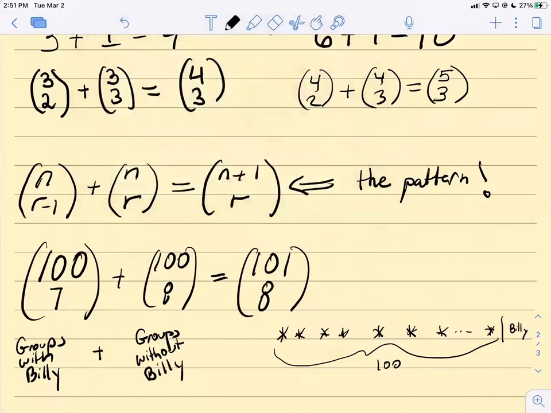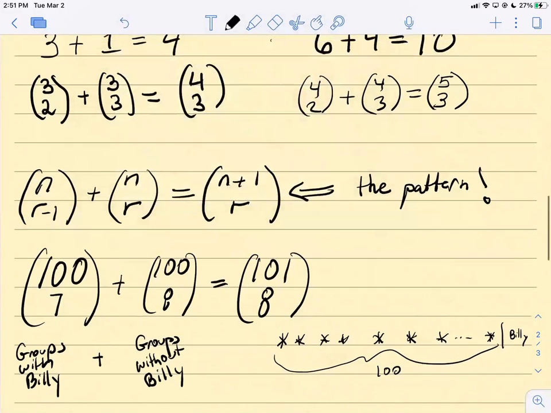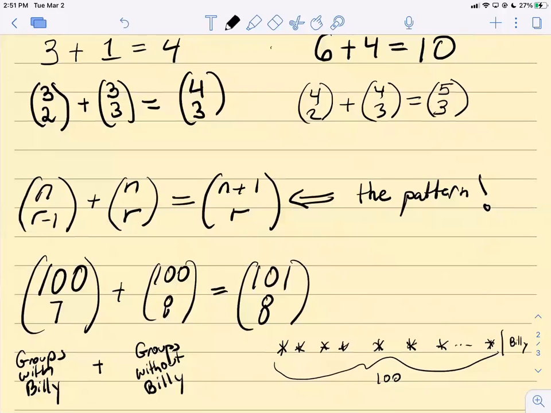Here, let me just maybe write it here. If I have Alice, Bob, Cindy, and Dan, I can say, okay, well, let me think about the number of groups that there are. I want to pick a group of 3 friends. So there's groups that have Dan. This is the groups with Dan.